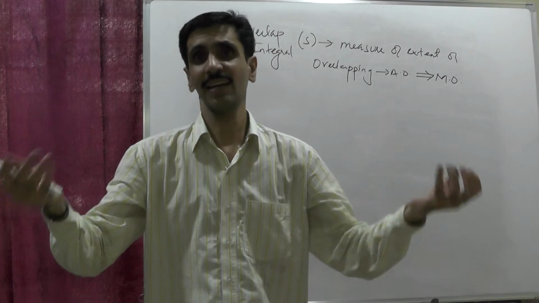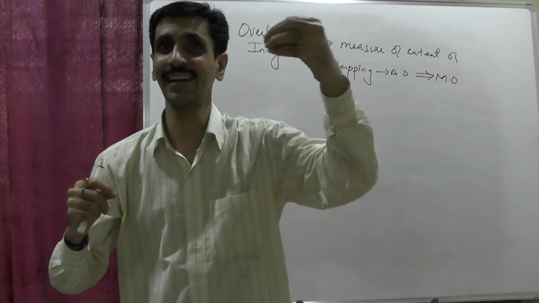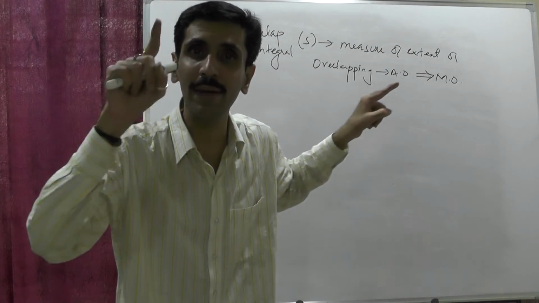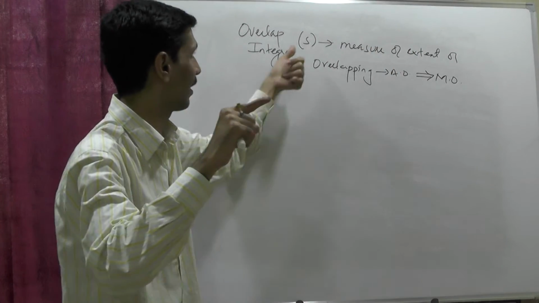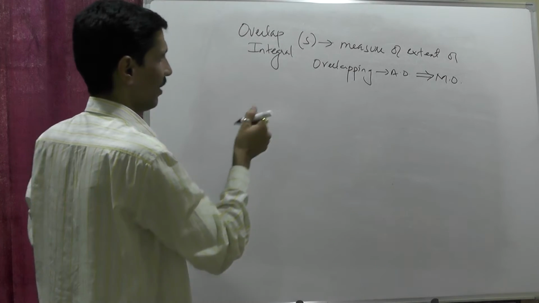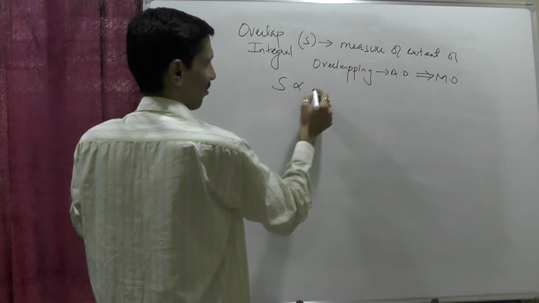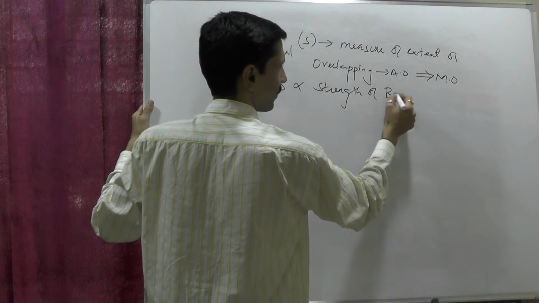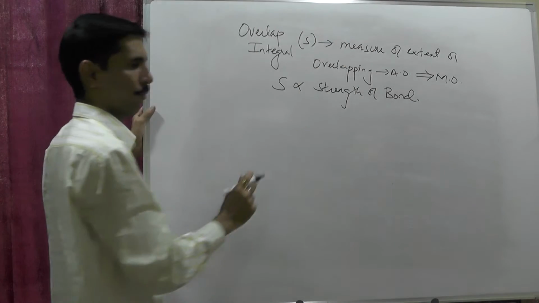So that means the extent of overlapping is directly related to what? Strength. And that is being indicated by means of overlap integral, which is termed alphabetically as capital S. So we simply say S is directly proportional to the strength of the bond. I hope it is very clear.